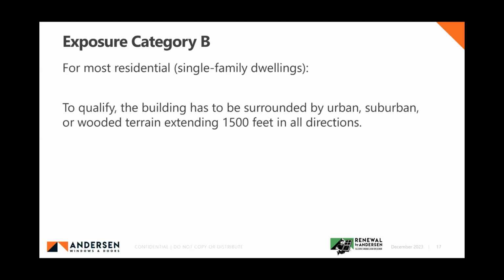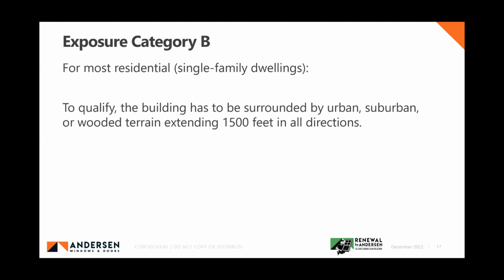Exposure categories, and again, for the next part of this discussion, we're going to stick to residential, because exposure categories differ a little bit based on the height of the structure, as far as how far the upwind surface roughness has to extend.